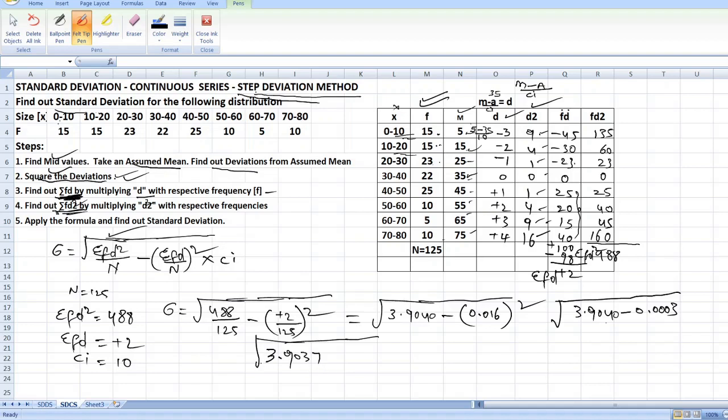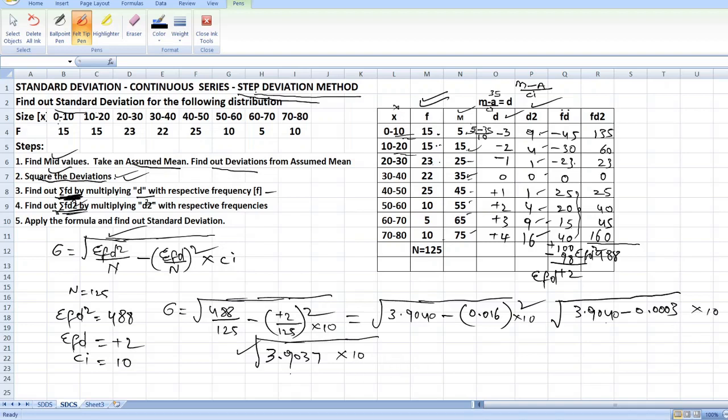You have to find the square root of this. Don't forget to keep the class interval 10 here.